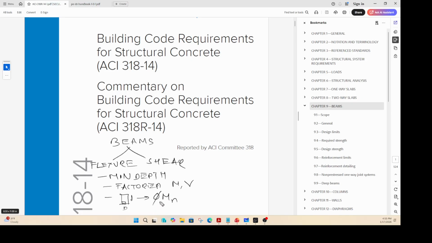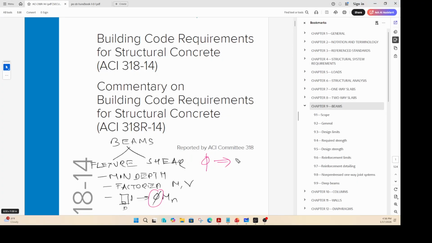We'll be spending a decent amount of time on this particular factor here. It is called the strength reduction factor. It depends upon the level of strain, mainly for beams under flexure. It depends upon the level of strain of the steel reinforcement. So we'll be covering things like that, right?